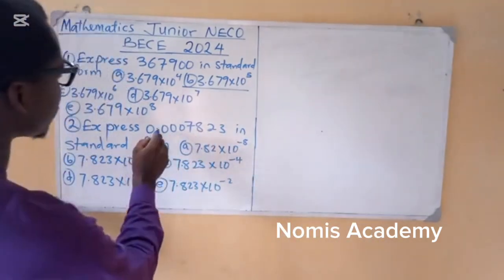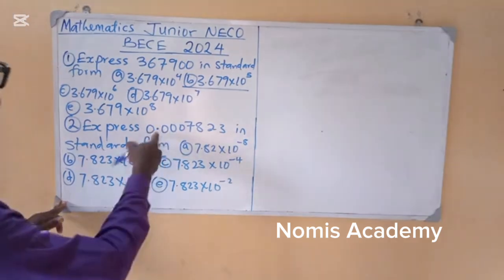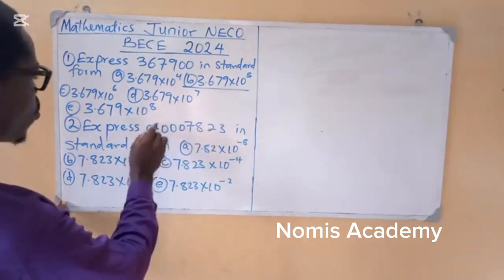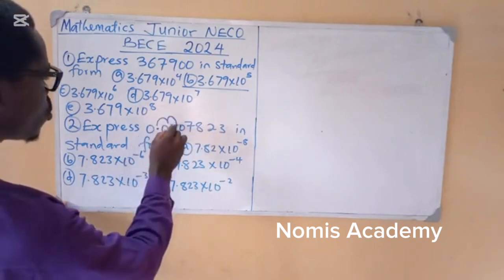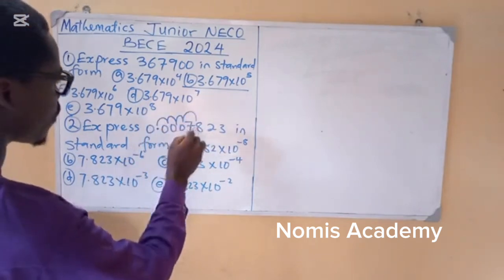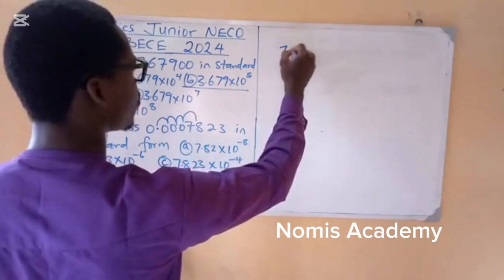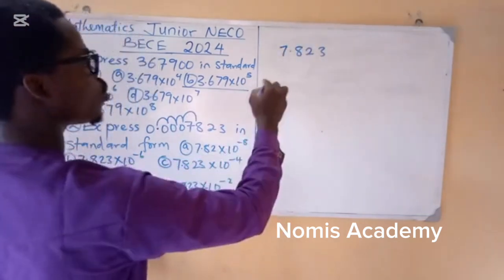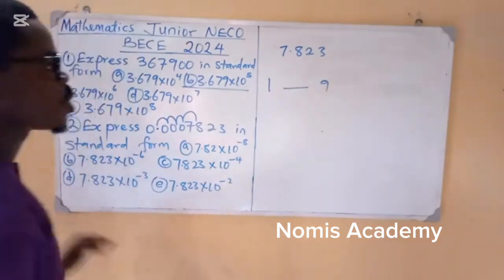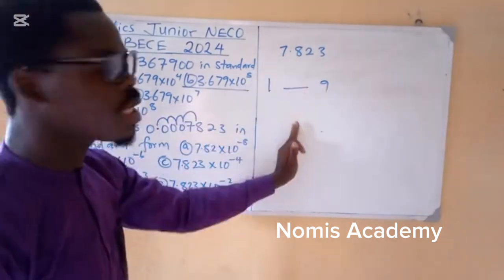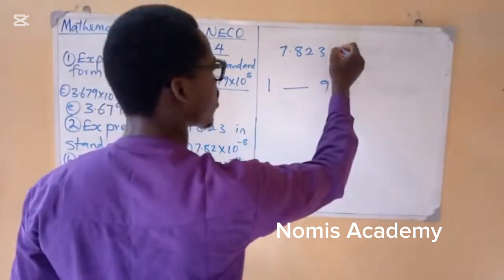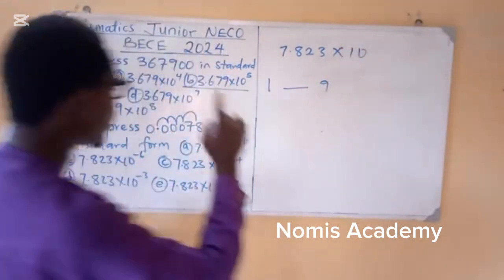If I start moving my decimal point, we can easily identify the decimal point from here. We count forward 1, 2, 3, 4. So if I can get something like 7.823, you see this number is within the interval. 7 is within the interval 1 to 9. So the next thing to do is to write times 10 raised to the power of.